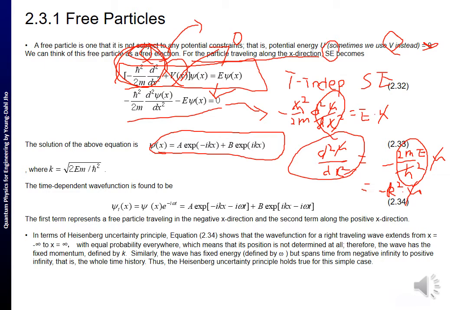Sometimes this left hand side is indicated by psi double prime.